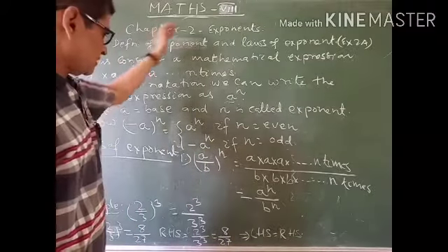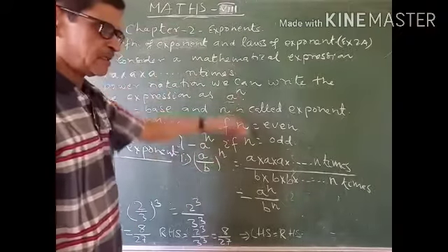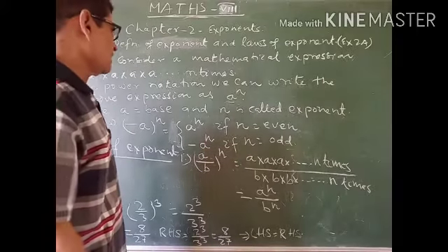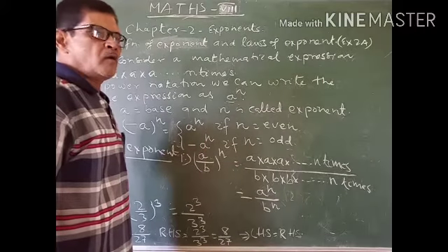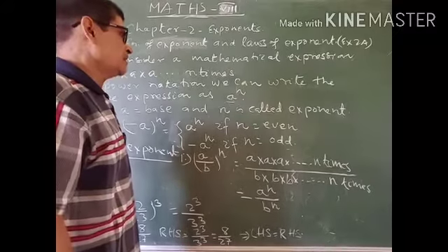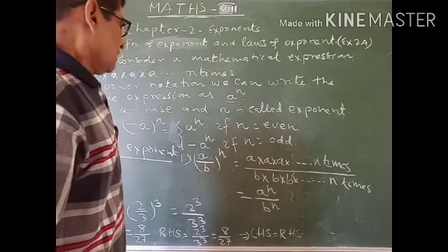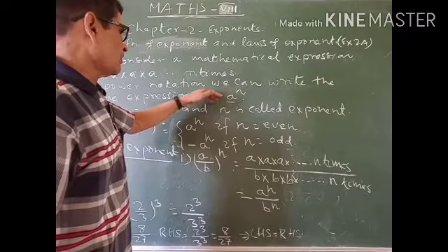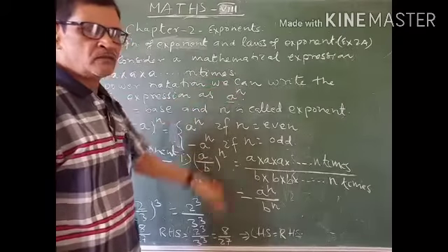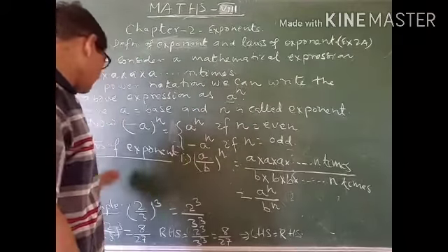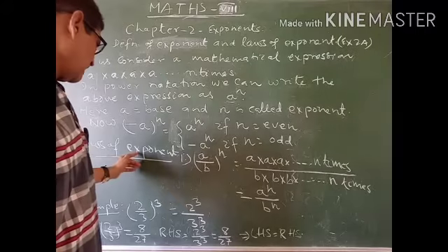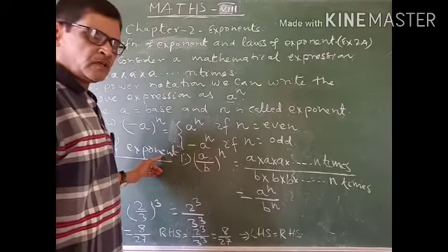So this is the basic idea of exponent and a mathematical expression when it is expressed in exponential form, we get such type of thing. Now I am going to explain laws of exponent.